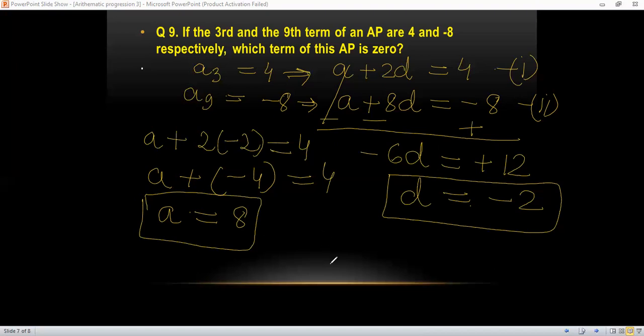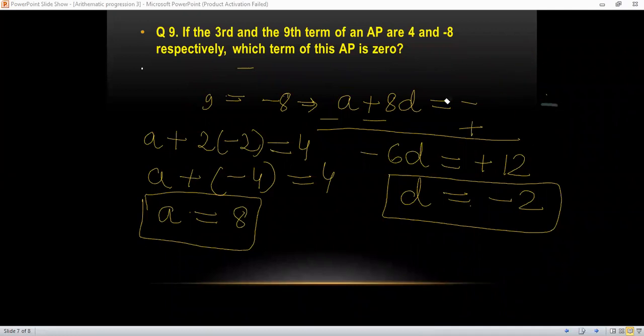Here we have to find for which term the AP is 0.